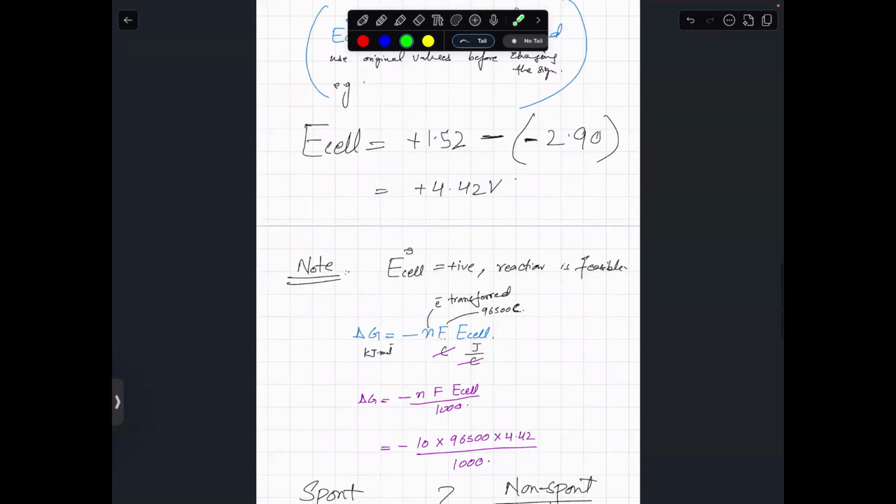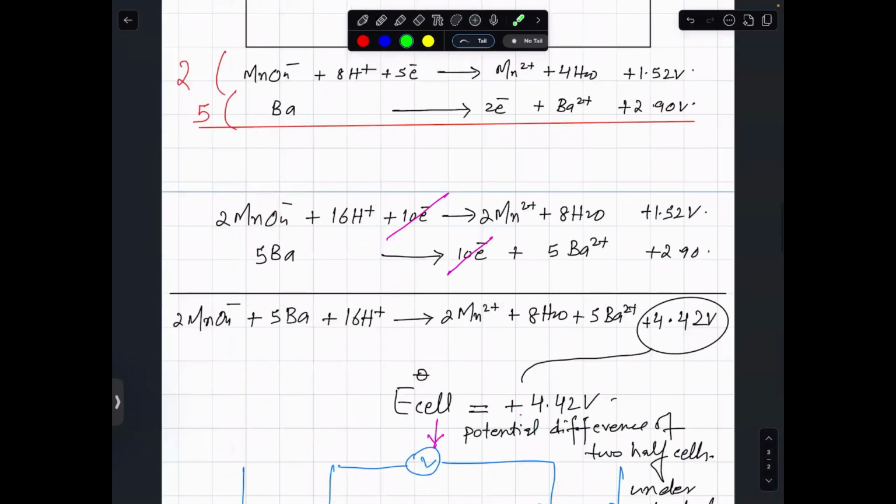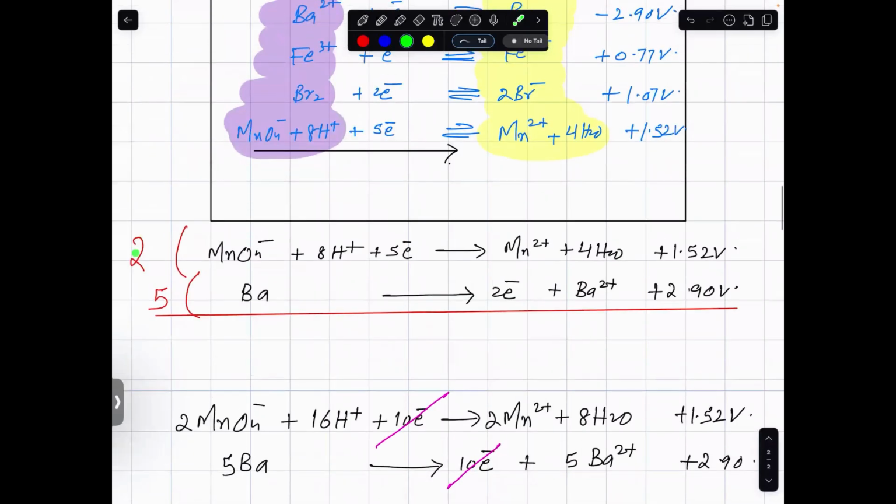And next point, I told you that when you multiply the equation by 2 and 5, you are not going to multiply the E cell. Why? Because volts are joules per coulomb.